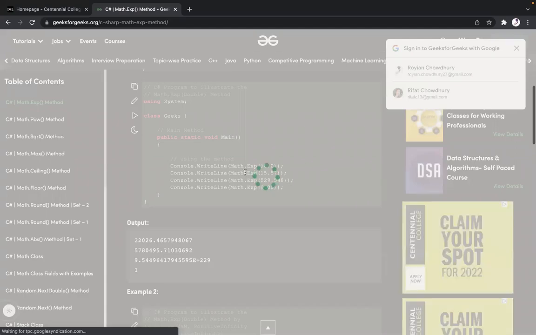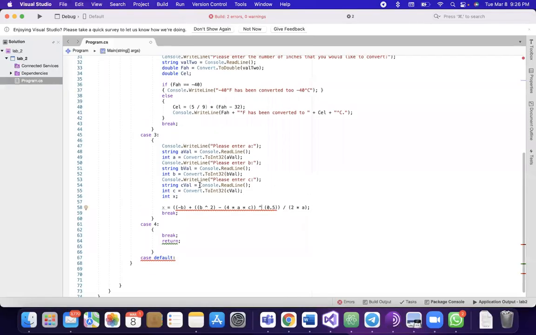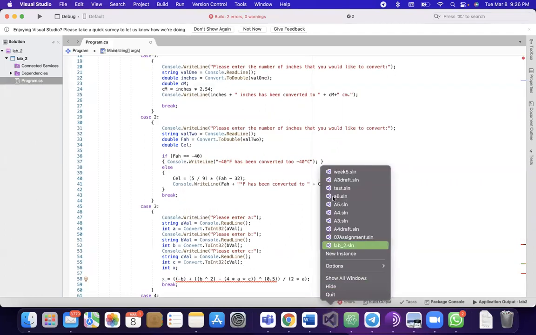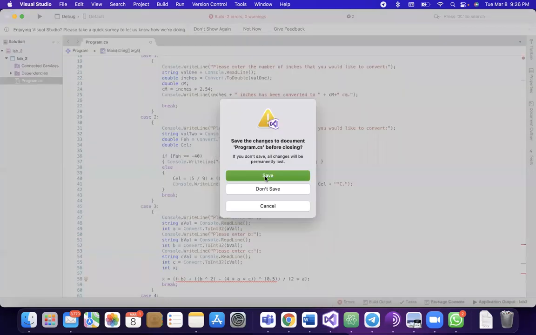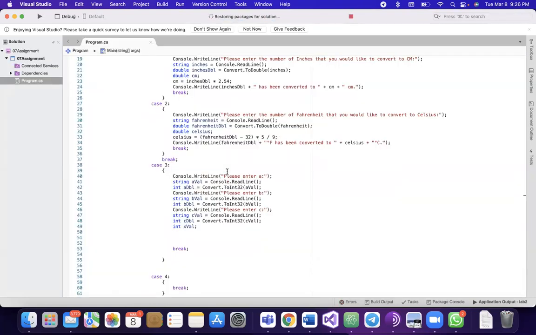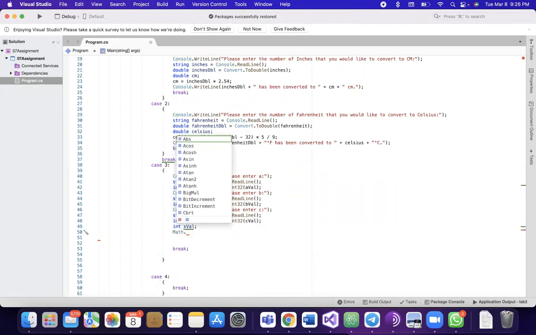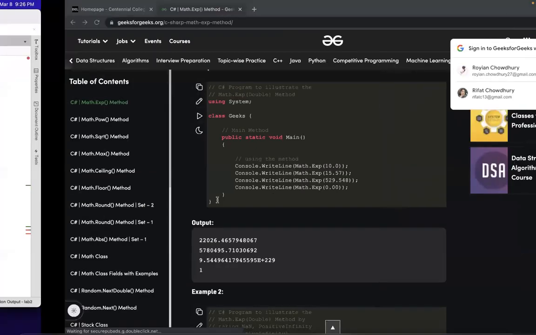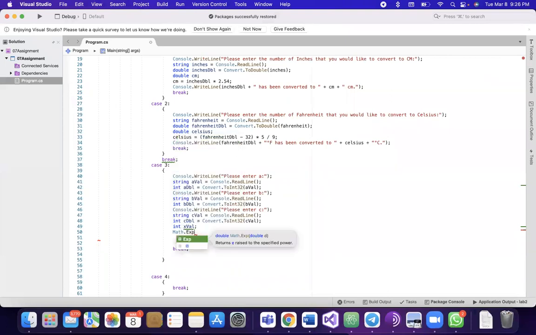Okay, we'll try this. I'm just doing this as an example. So Math dot, what does it say, Exp, and then we'll put 5.